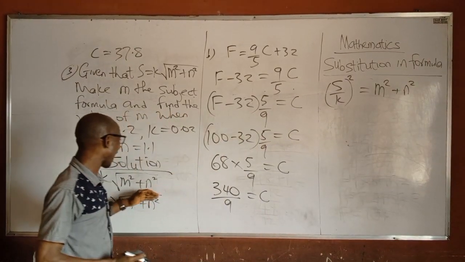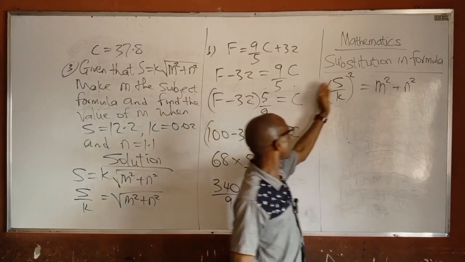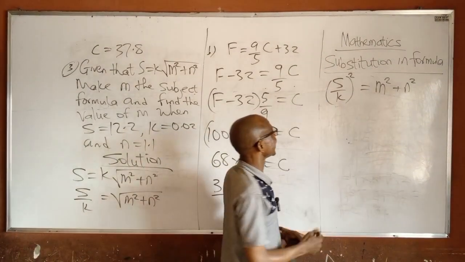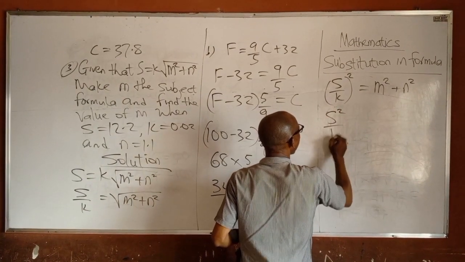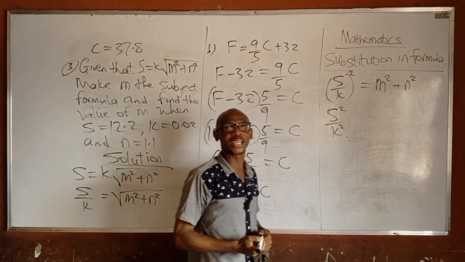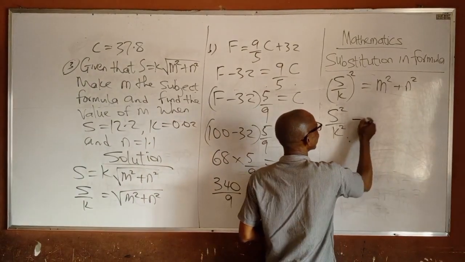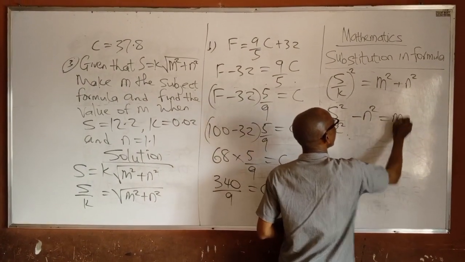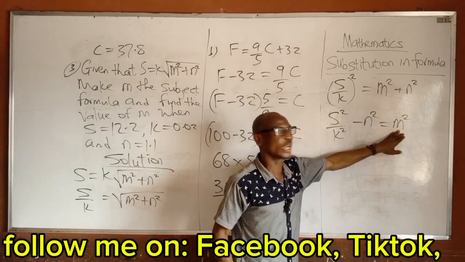We are trying to make m subject, so our n square will move to the other side of the equation, and this gives us x square over k square. When it moves across the equality sign, it changes sign from positive to negative. This is equal to m square.